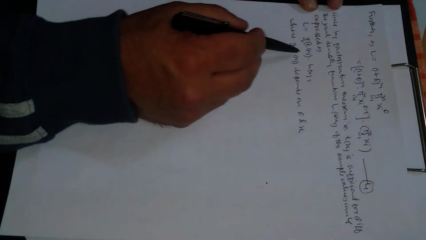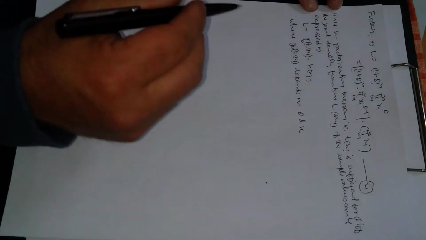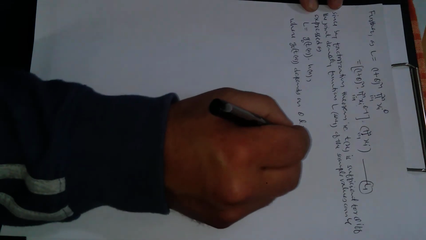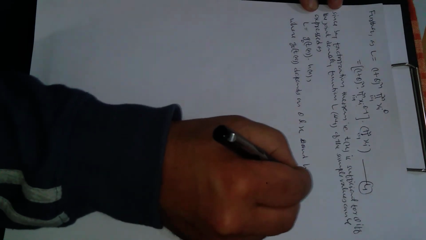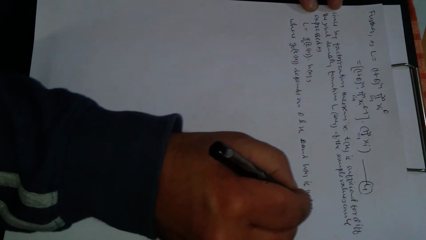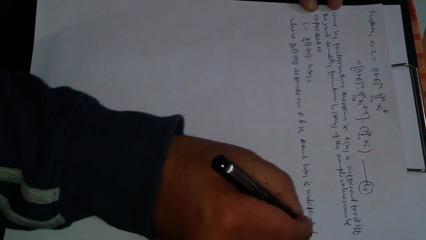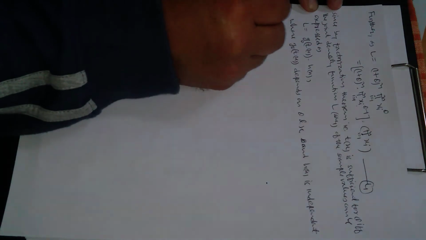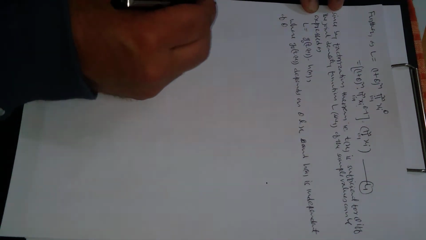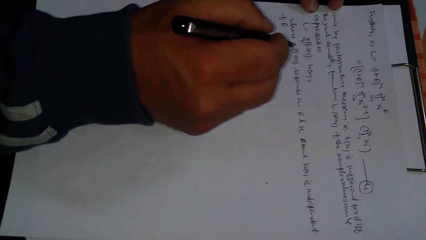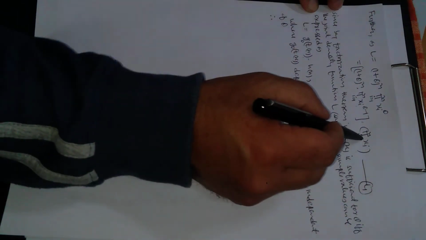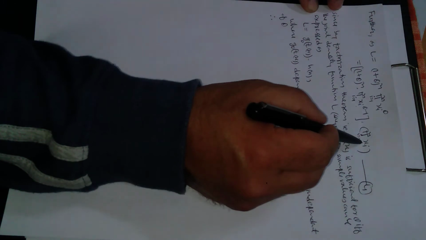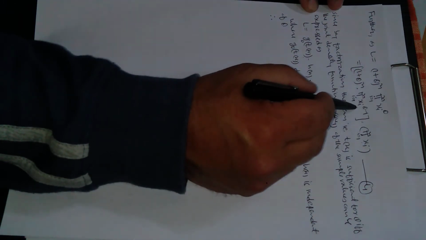This g depends on theta as well as x, and h(x) is independent of theta. Therefore, if you compare this result with this one, this function is purely in terms of x, and this is also purely in terms of x.